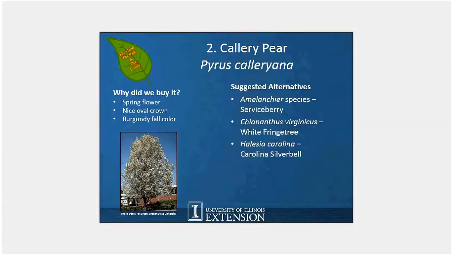This one is not listed on the Illinois invasive species list, but this is one that we call a species of concern because it is creeping rapidly into open fields, open areas, roadways, in areas where this has been planted.